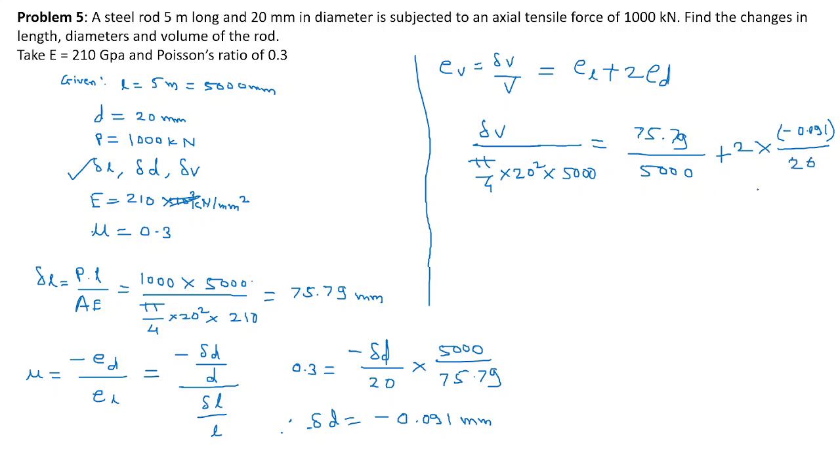Simply put all this in the calculator, and we find delta V is 9524 mm cube. It's the change in volume, and volume unit is mm cube. So here is the second value and here is the third value.